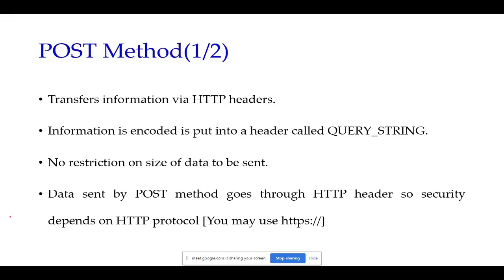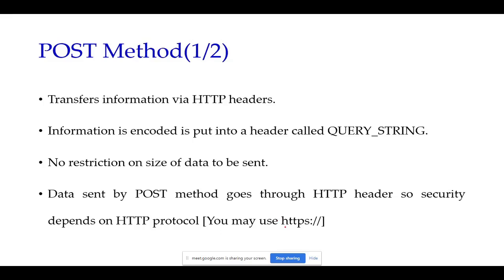Yeah, this point is important. Even though your information will not be displayed on the address bar, the ultimate security depends on the protocol. I mean, how robust and secure your network is. Even that factor comes into the picture.